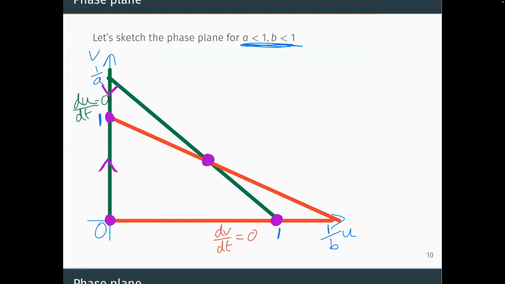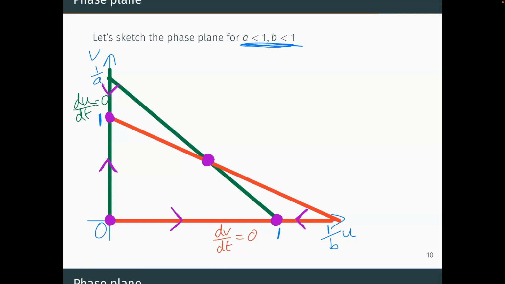I can repeat that process. Let's do it now for just this red nullcline, dv dt equal to 0 along the bottom. It was a similar case: when u is between 0 and 1, du dt was positive, so we move to the right. And when it was greater than 1, du dt was negative, so we move to the left.